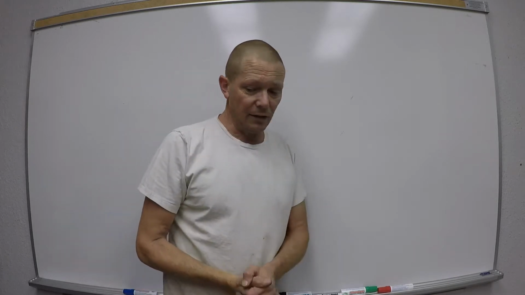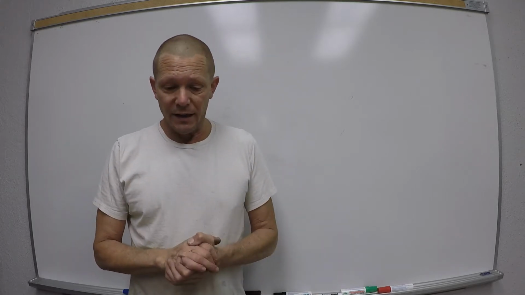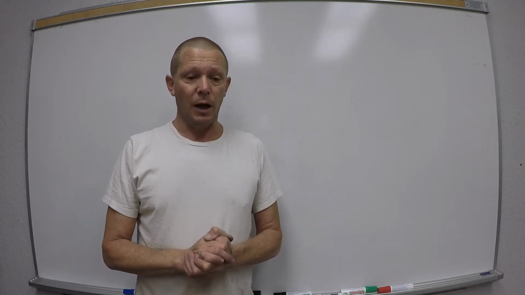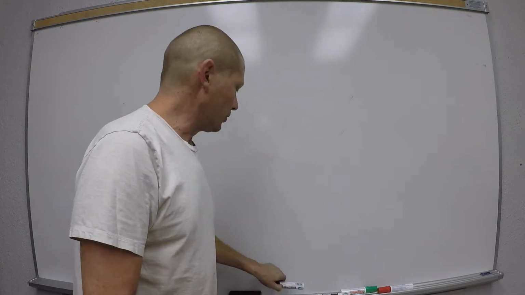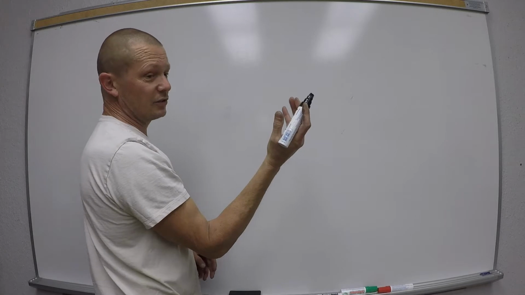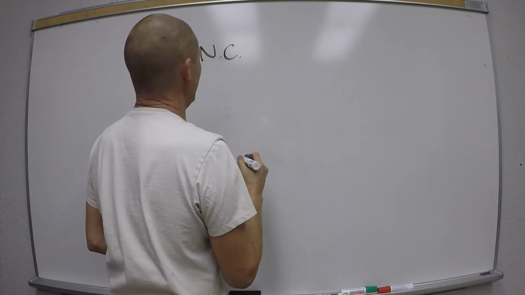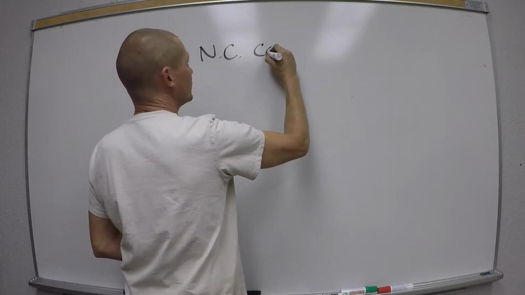The way that the CNC machine works is, the way that it moves is based off of a language known as two different things. It could be generically known as NC code, okay?